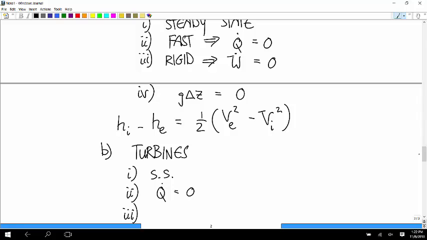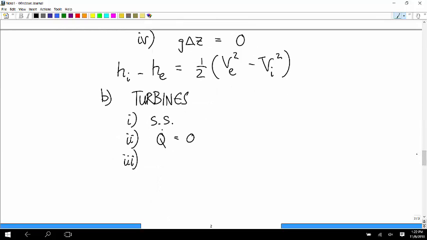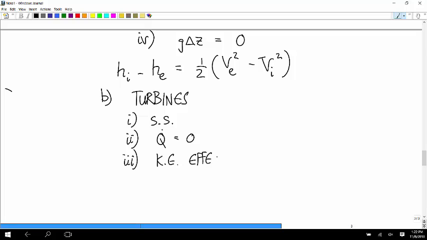And the enthalpy is going to be different at the inlet and the exit. Even though the speed is going to be different, our simplified assumption says that kinetic energy effects are small compared to the rest of it.